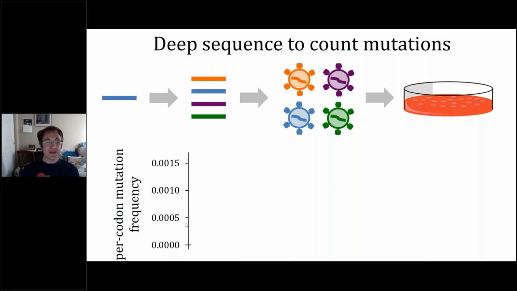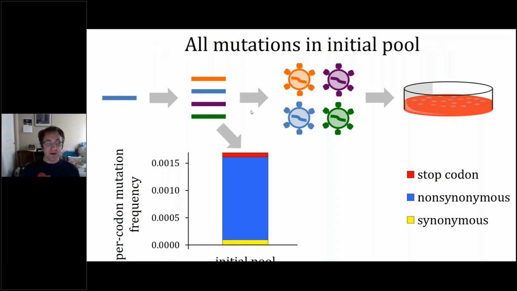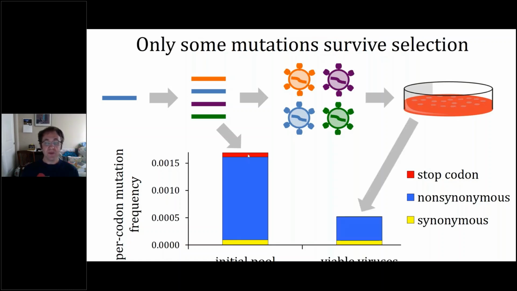On the y-axis here, I'm going to plot the per codon mutation frequency across the entire hemagglutinin gene. If we deep sequence this initial pool of mutations we made, we see that, as expected, we have all types of mutations present. We have synonymous mutations, which do not change the protein sequence. We have non-synonymous mutations, and we have stop codon mutations.